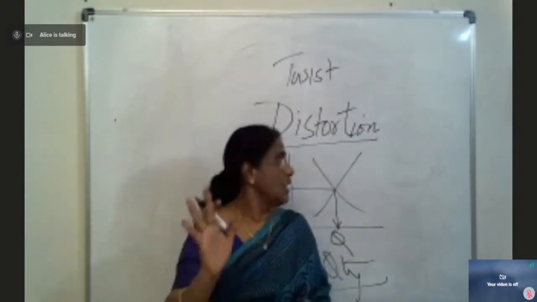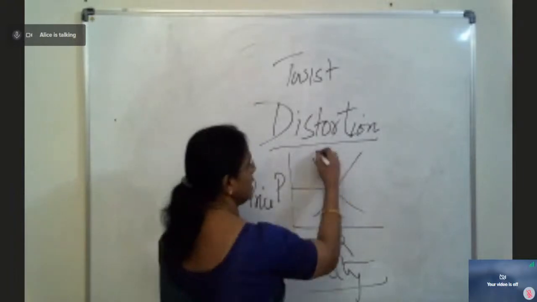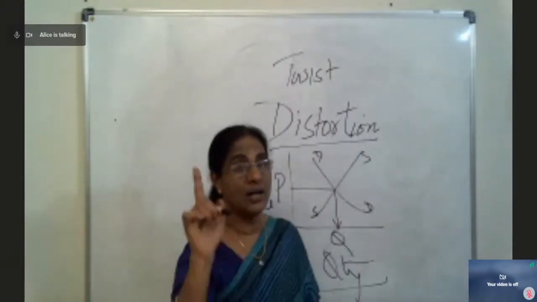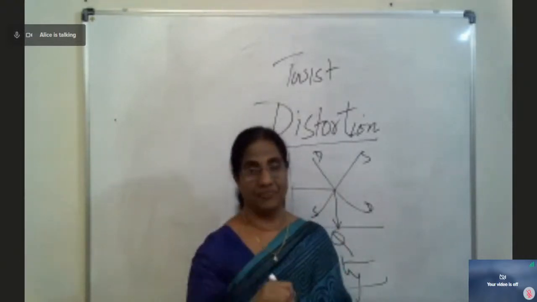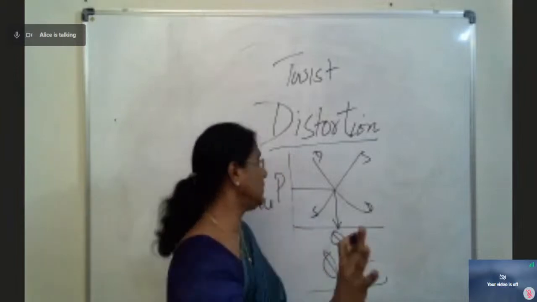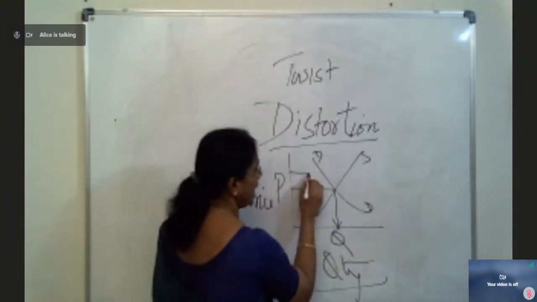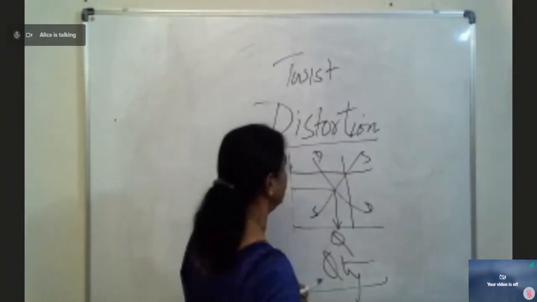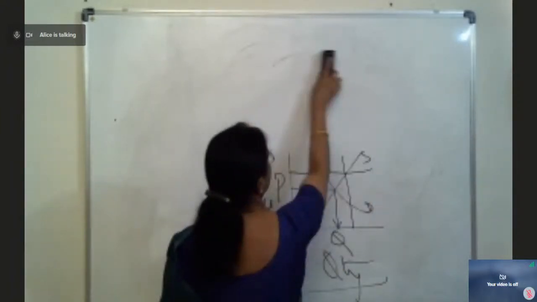Because of market imperfection, you remember point number 1 in market failure, sometimes the price and quantities are different from what the market will decide.